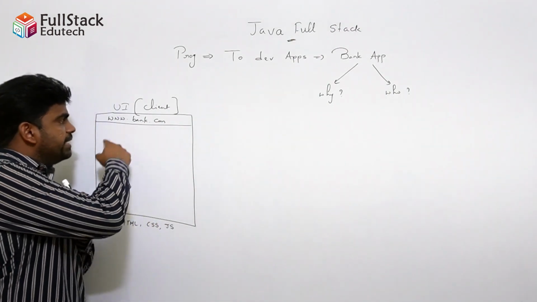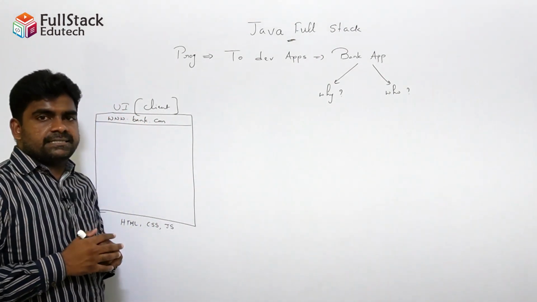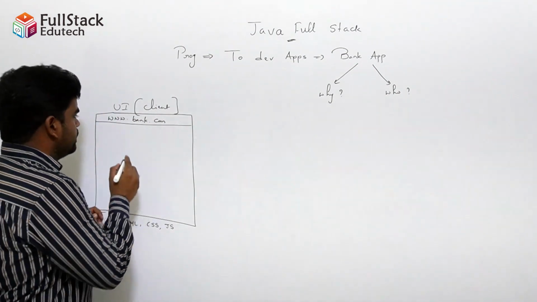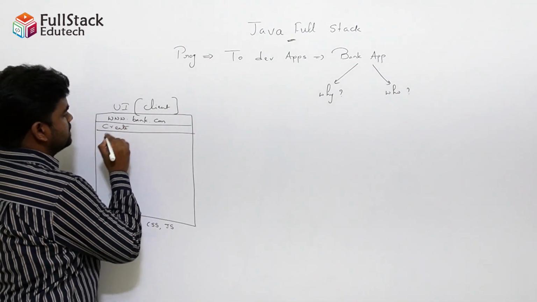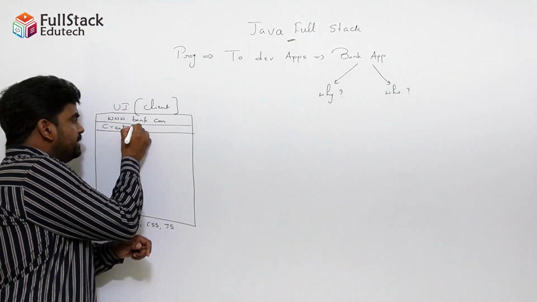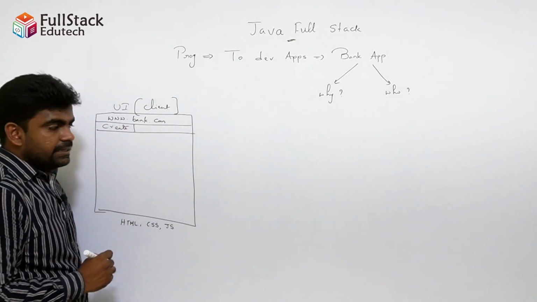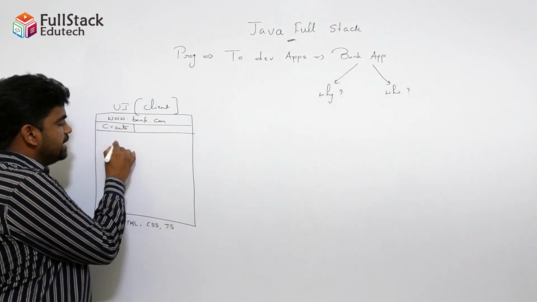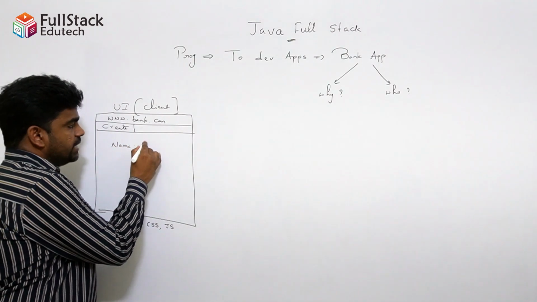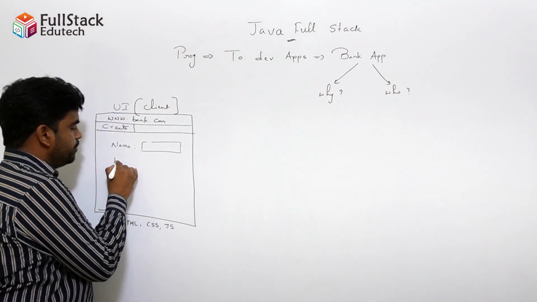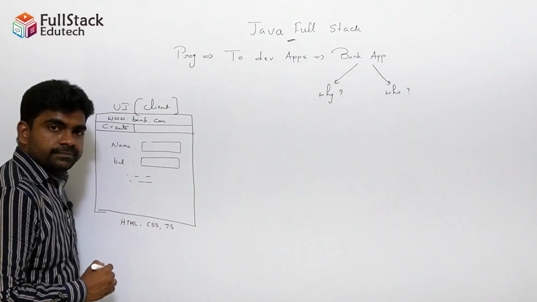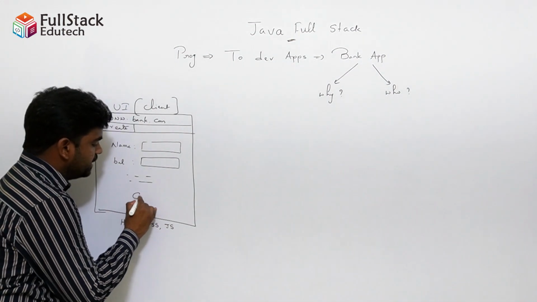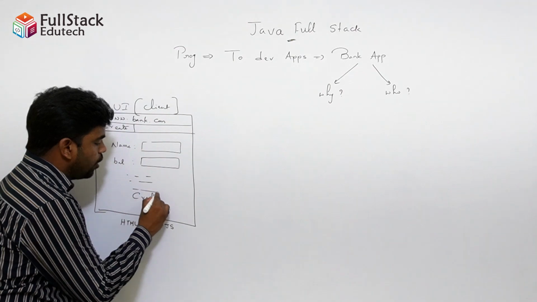Using these three, we can develop the basic client system, with buttons like create account, delete account. When they click on create, it asks to enter the name, account number, balance and other details, and here we give one button called create.